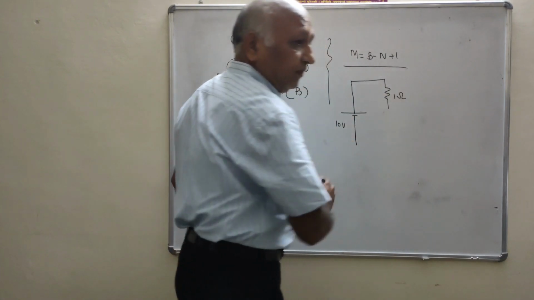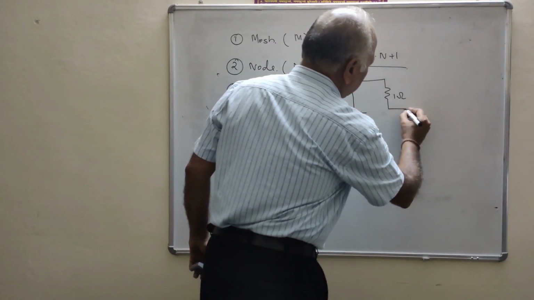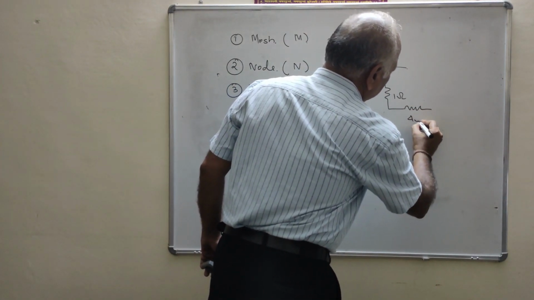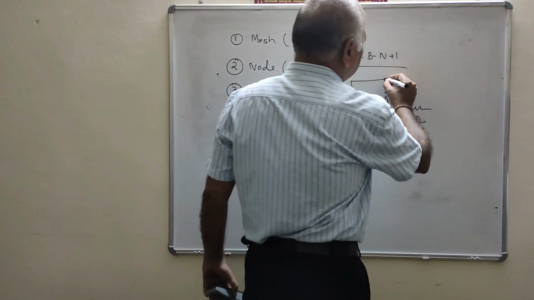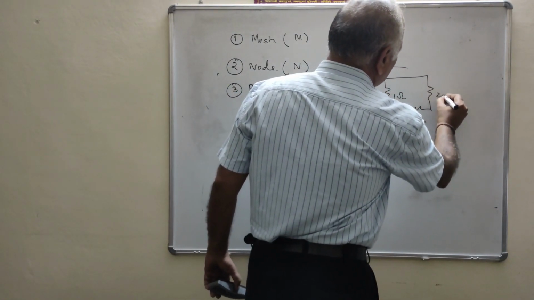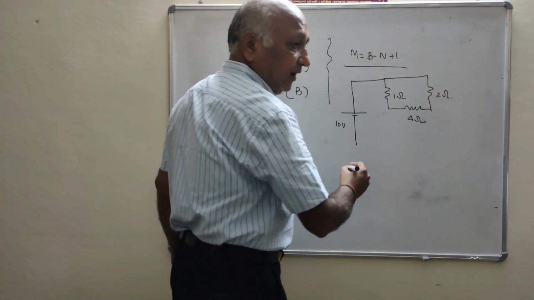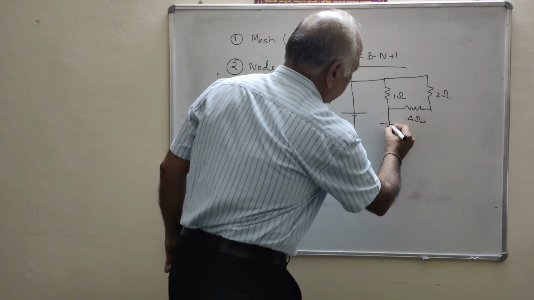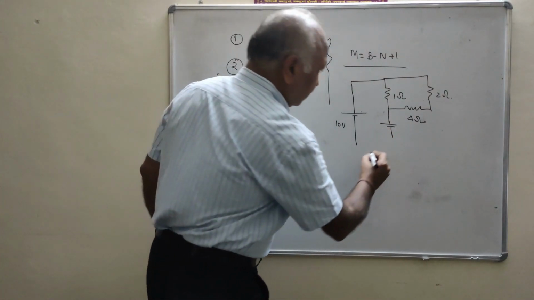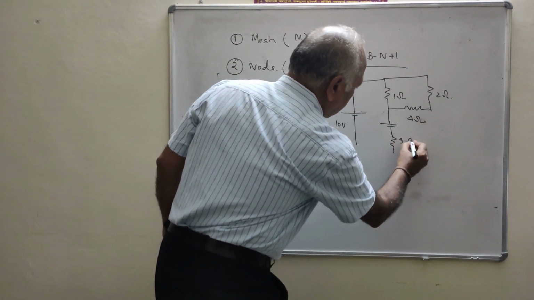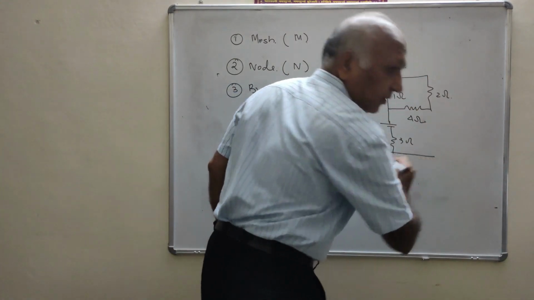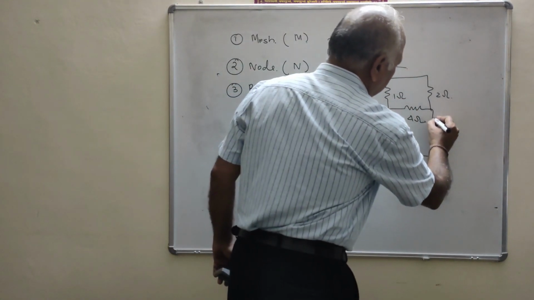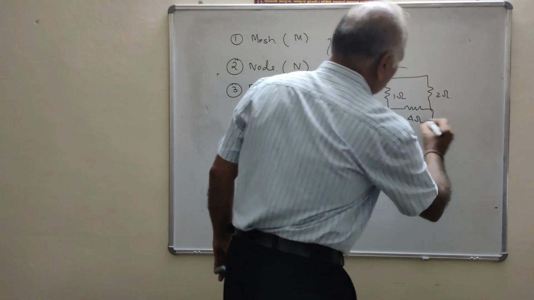This is the 1 ohm, this is the 4 ohm, this is the 2 ohm. This is a voltage source. This is the resistance of 3 ohm, and this is the 1 ohm.